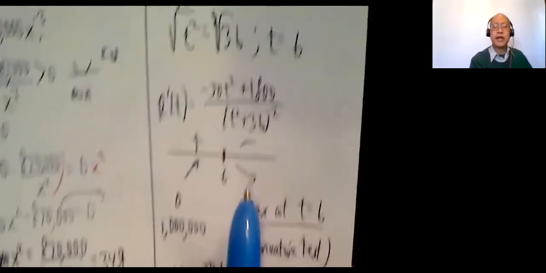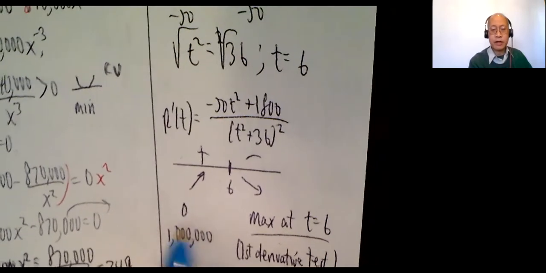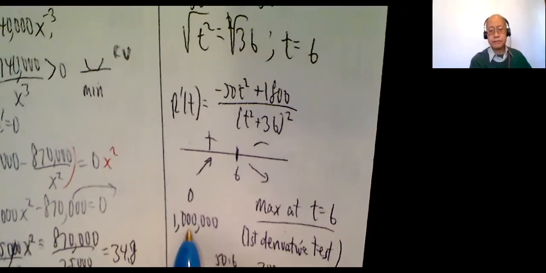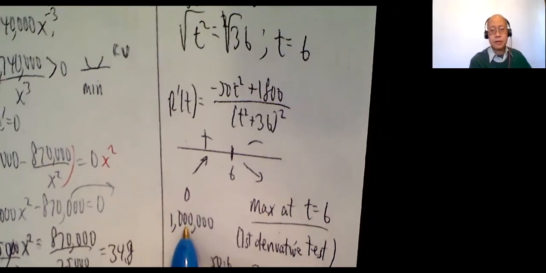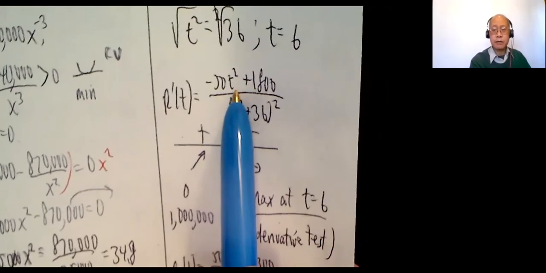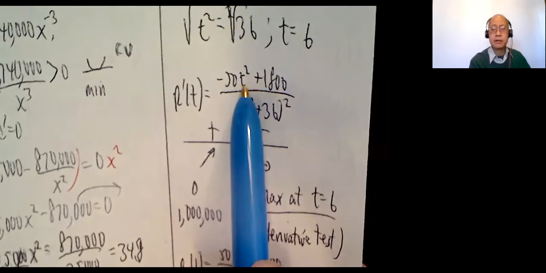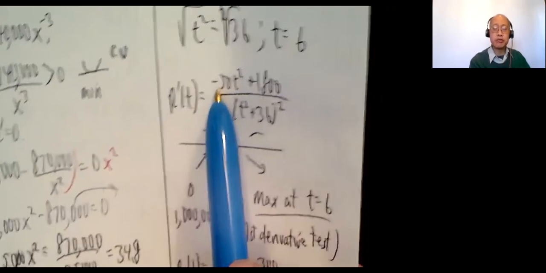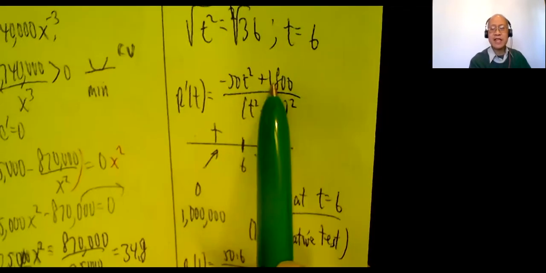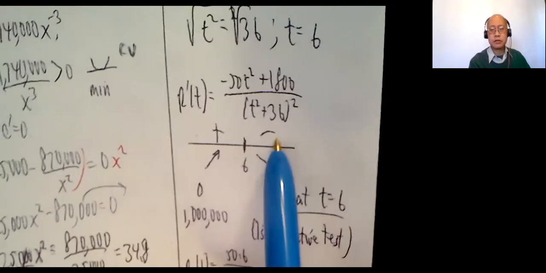And to fully exaggerate this, I don't care about the exact value, I want a number to the right of 6. I say 1,000,000. It should be obvious you get a negative quantity. 1,000,000 squared is super big. Multiplied by negative 50, it's a super big negative. So if I add 1800 to it, it has almost no effect. It's negative divided by positive, so negative.